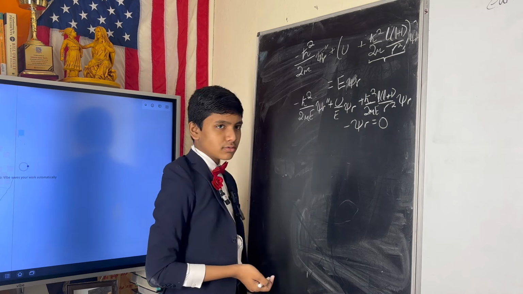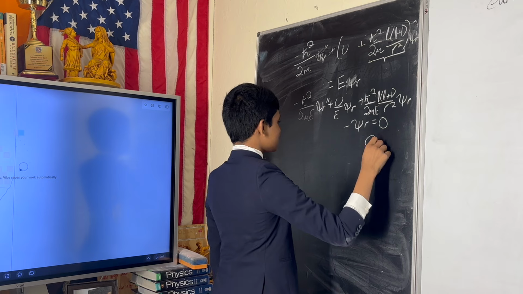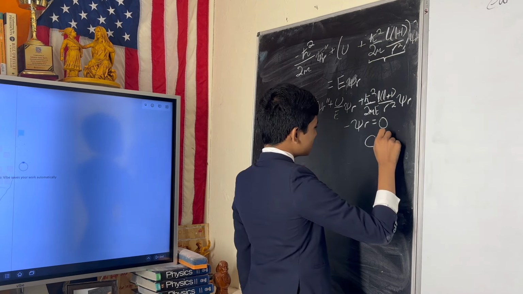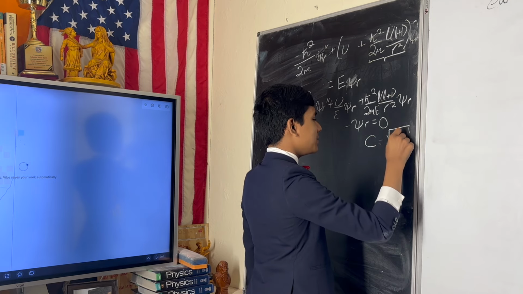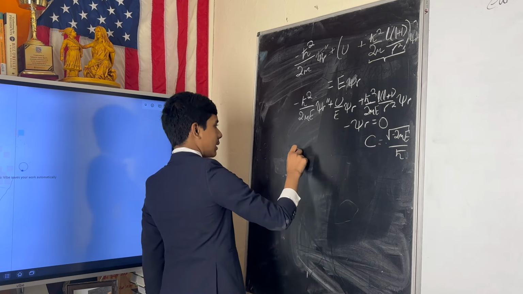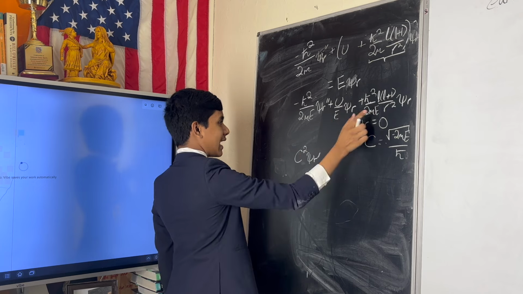So now I'm going to take, let's call it c, yeah, I know, very original name, the square root of minus 2me over h bar. So that makes this c squared, and that allows us to abbreviate this and that.